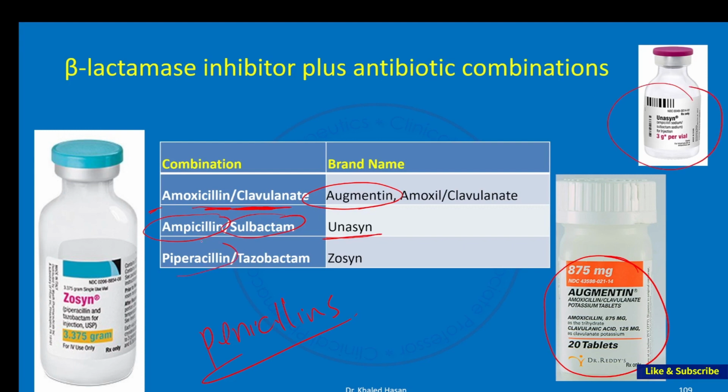We have piperacillin with tazobactam, Zosyn. So we have three medications belonging to the penicillins with their brand names, and we need you to be familiar with Augmentin, Unasyn, and Zosyn for your practice.